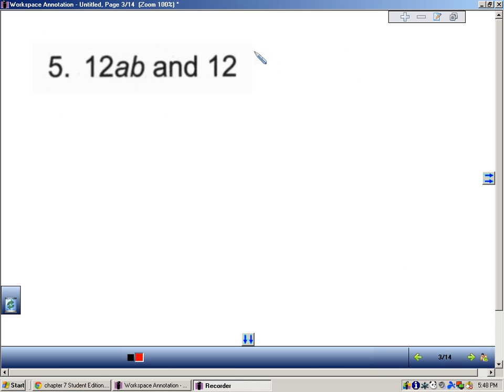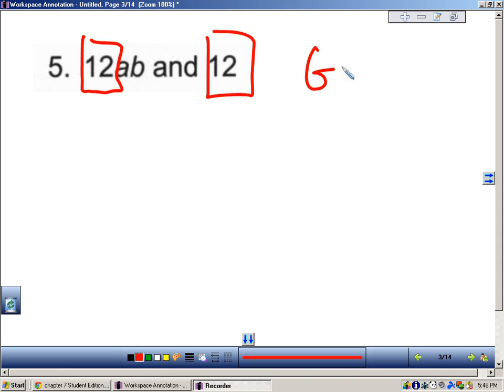Next question. Okay. Between the two monomials, I can see that 12 is what they have in common. And so the GCF is 12.